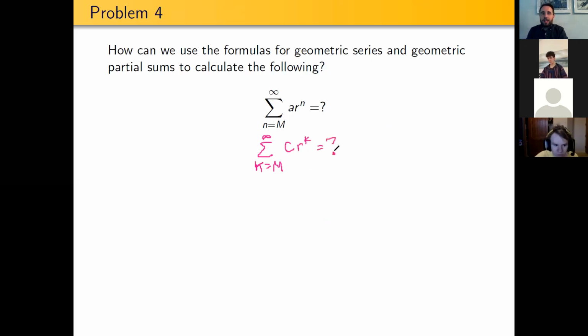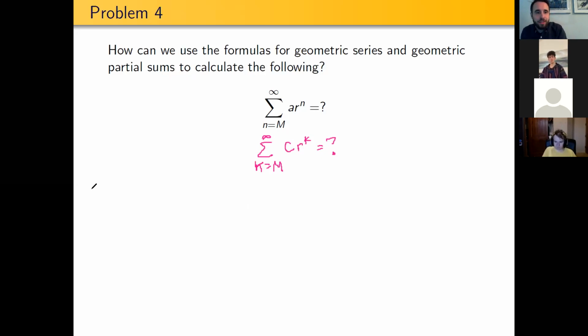Using different letters, an a instead of a c, an n instead of a k, but it's the same idea. If we're not going to start at 0, how can I compute this sum? This is very much in the same vein as what Jose was asking earlier, and the answer is actually going to be this.